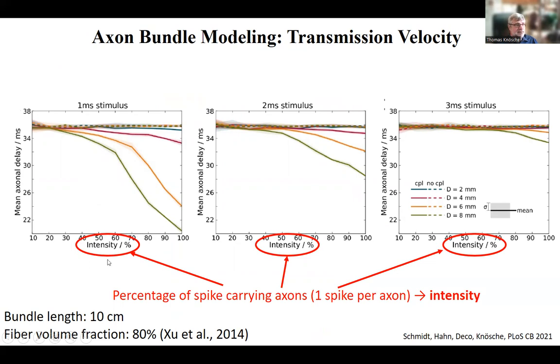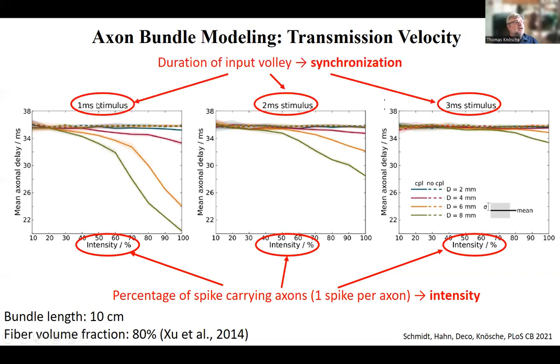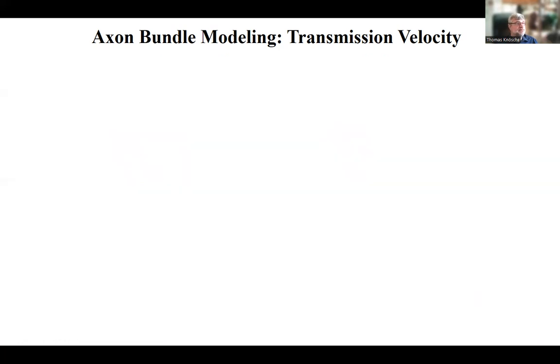This is the intensity, and we can see the higher the intensity, the more speed up we have, the larger the transmission velocity. Also, the narrower the input volley, that means the higher the synchronization of the input volley, the higher the speed up. And finally, a higher bundle diameter also makes faster action potential transmission. So we have a clear ephaptic coupling effect here that we would predict.